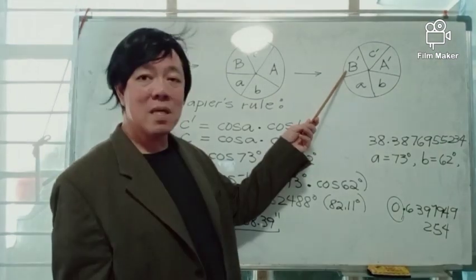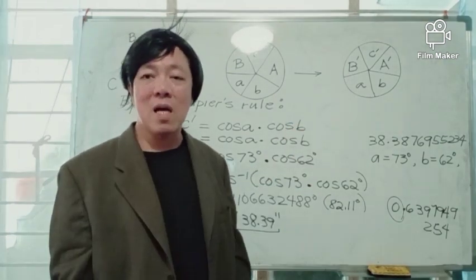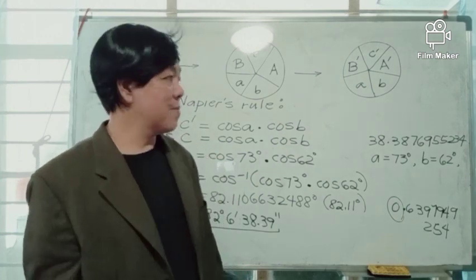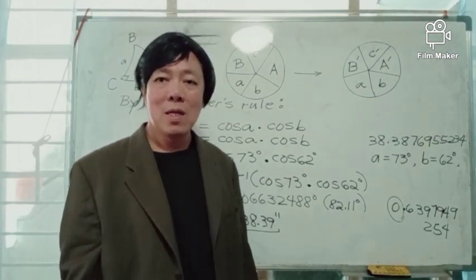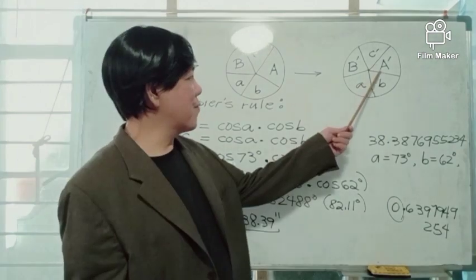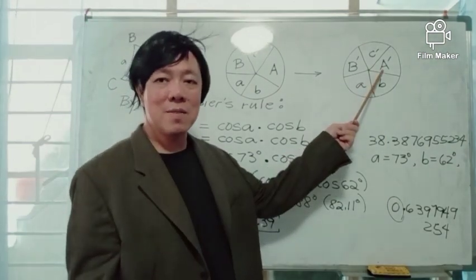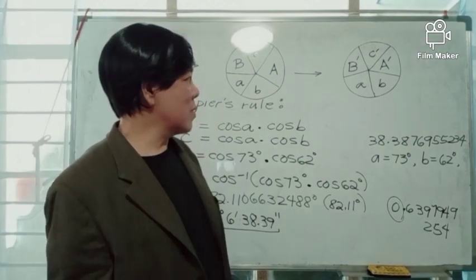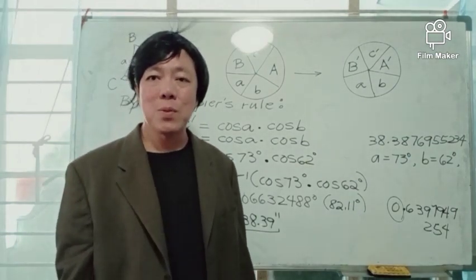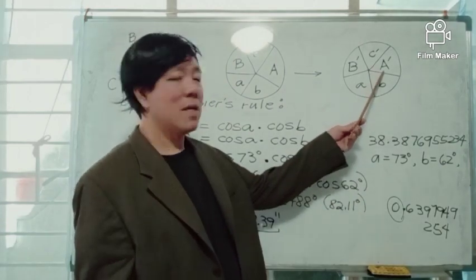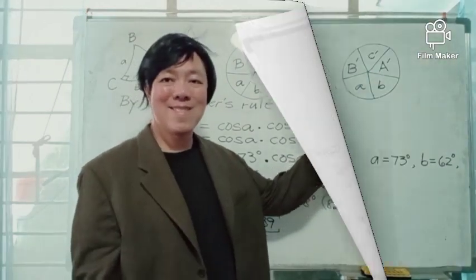But the surface angle capital B is not given. Thus, we cannot use Napier's second rule to solve for angle capital A. Hence, we will write the equation using the first Napier's rule to find angle A.